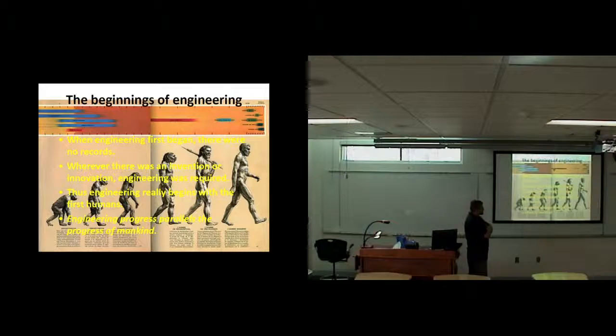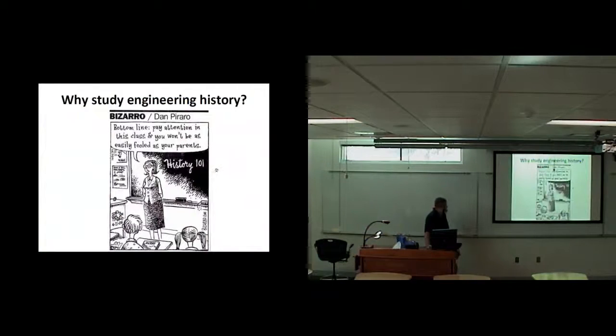But those are all things done with tools and the mind, whereas the running is done purely physical. So it's kind of an interesting thing when you think about it in terms of the natural evolution of species and nature in general. Why do we study this? Right? Pay attention to this class and you won't be as easily fooled as your parents.